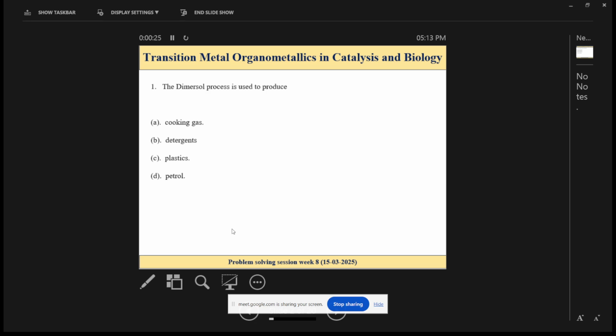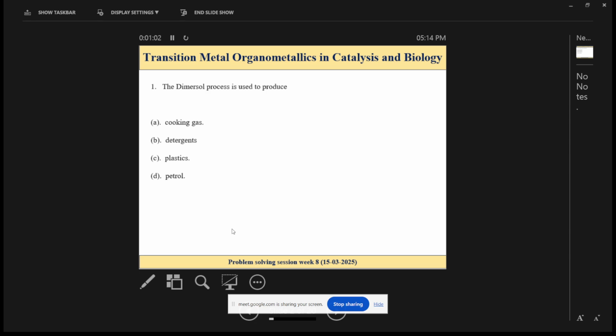Like the previous week, we have completed the metathesis reaction, that is the olefin metathesis reaction, and the alkyne metathesis reaction also we have finished.